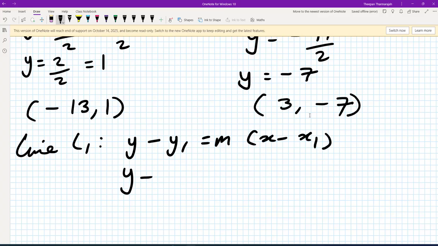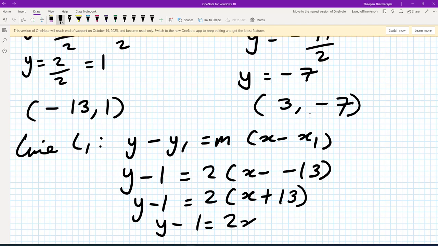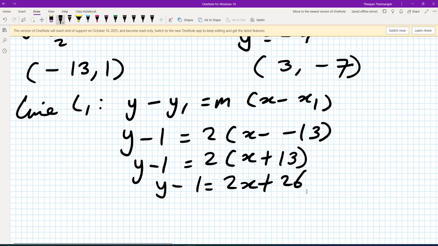So we're going to get y minus 1 equals 2 times x plus 13. So y minus 1 is 2x plus 26. So line L1 therefore is y equals 2x plus 27.